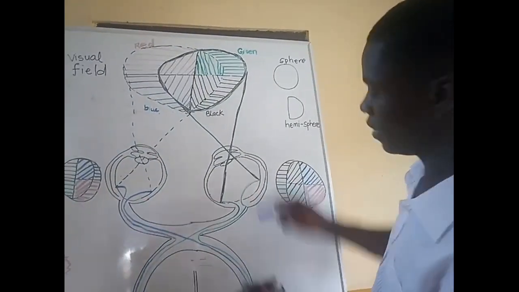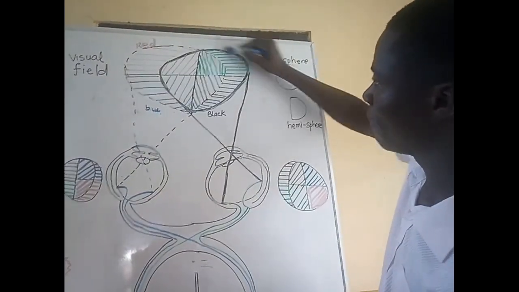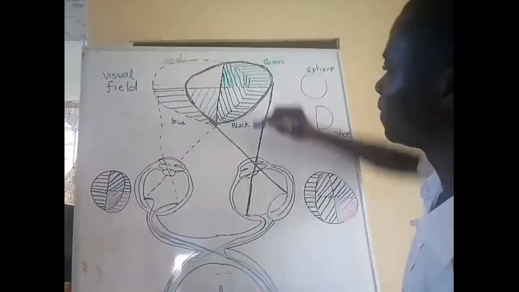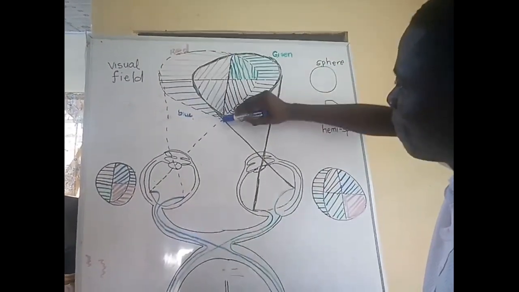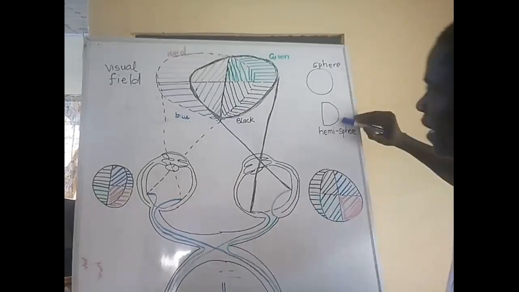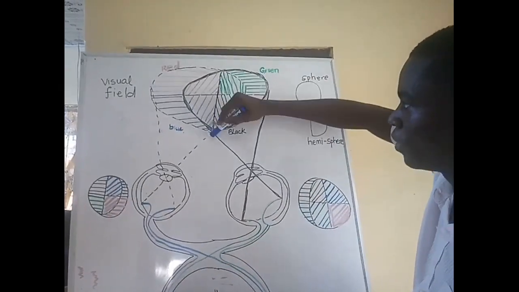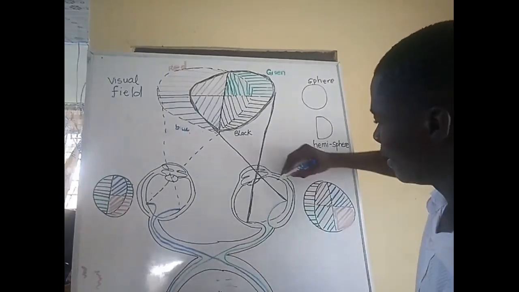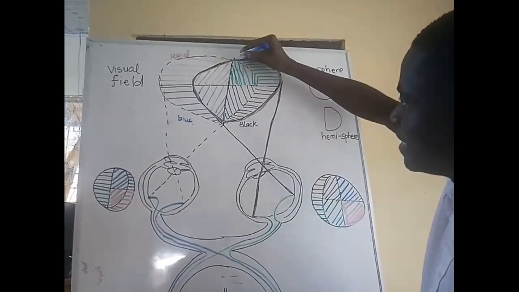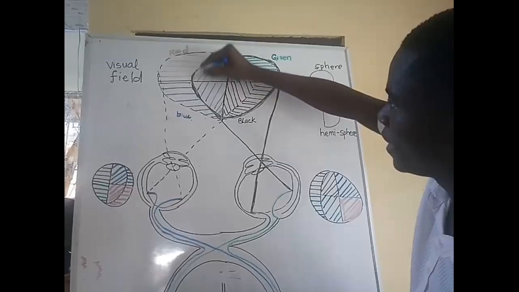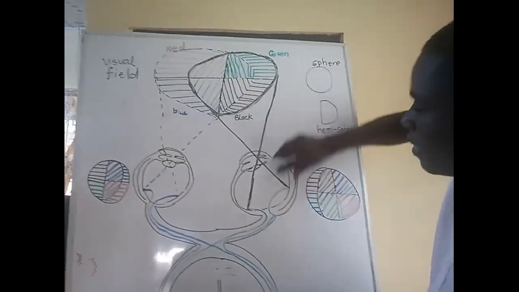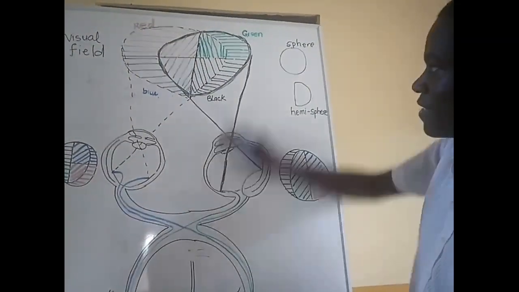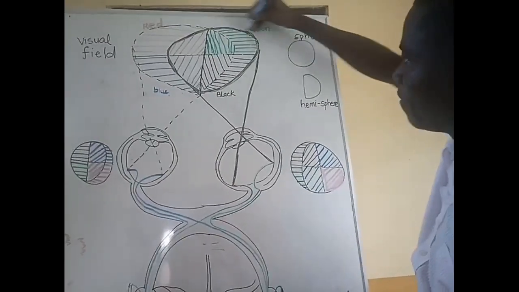Why hemifield? If this is the entire visual field perceived by this eye, half of it, as we saw here, is the hemifield. So this right side of the retina will perceive this field, this hemifield here, and the left side will also perceive this hemifield here.